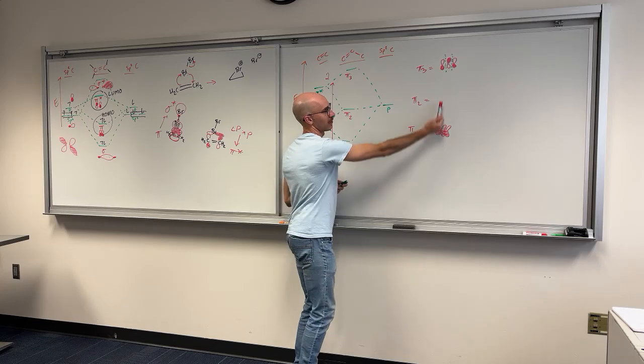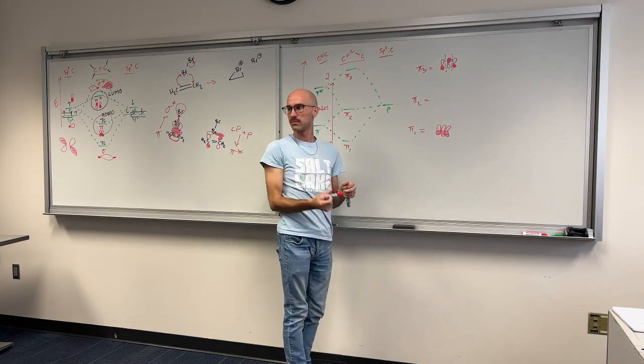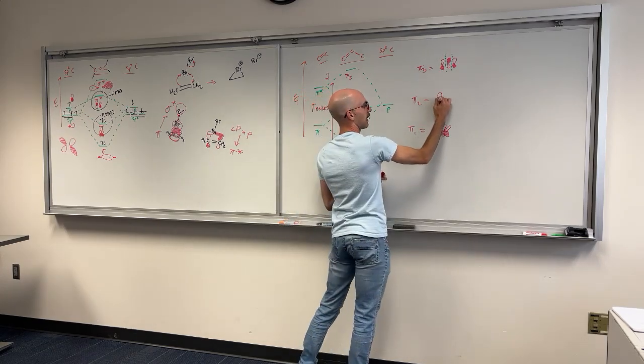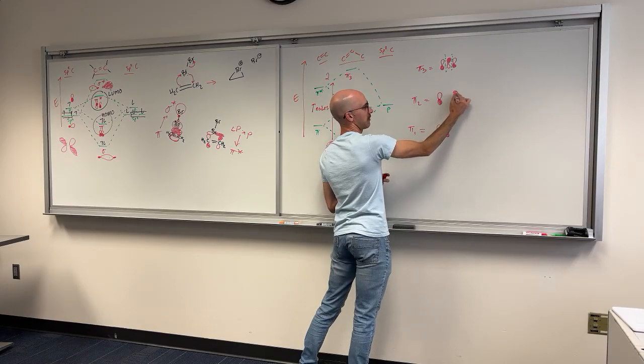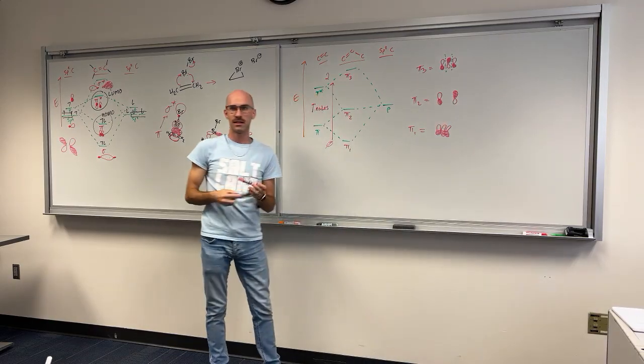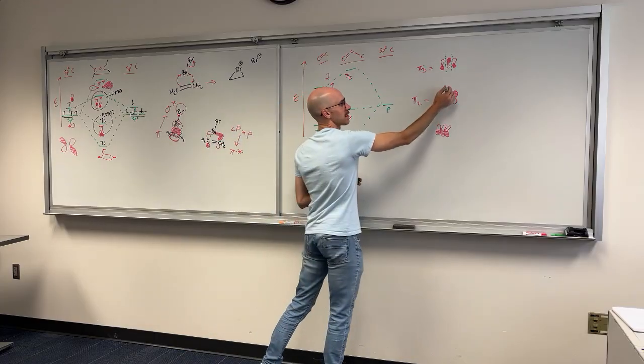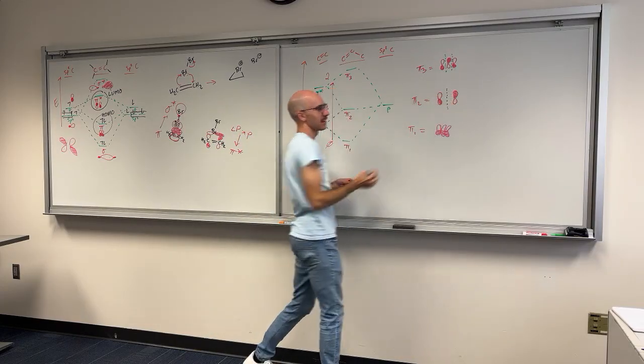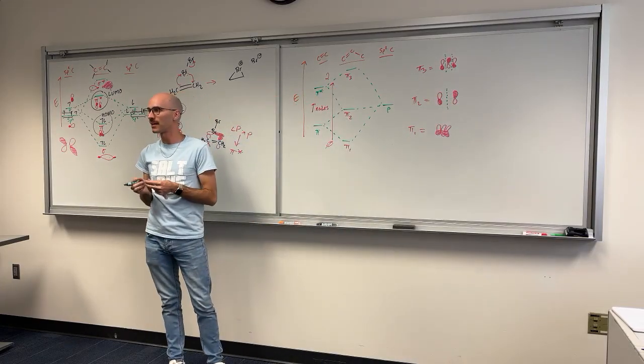It's going to fall right down the middle. And a node that falls down the middle of 3 atoms means that one of the atoms doesn't experience the orbital.